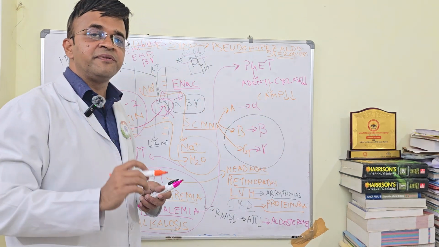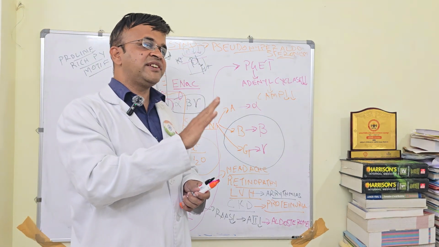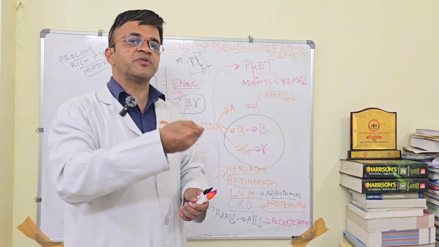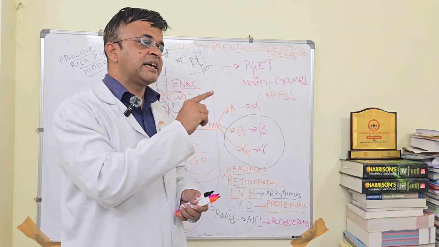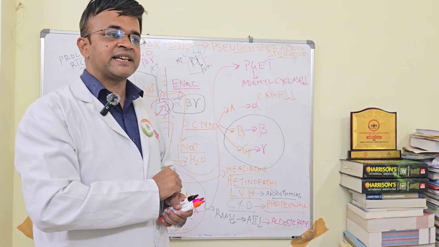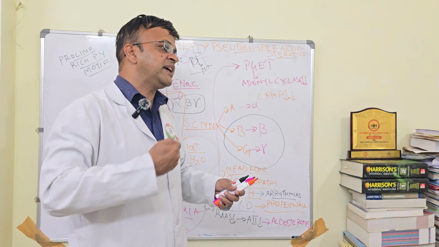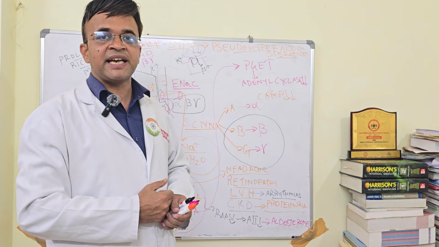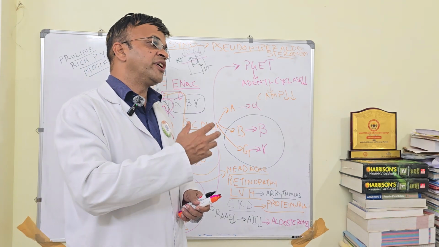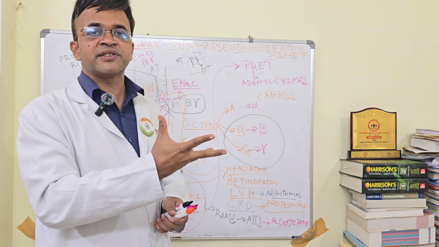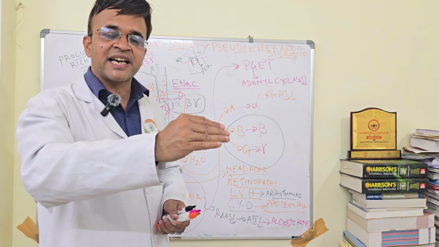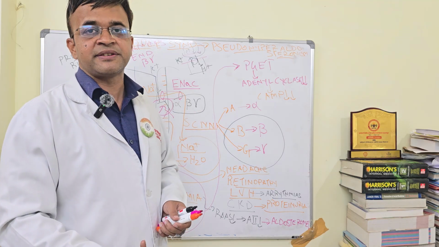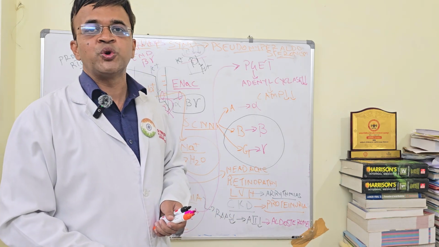If you recall our previous video on the mechanism of action of antidiuretic hormone: antidiuretic hormone acts on the B2 receptor, which stimulates adenyl cyclase. Adenyl cyclase converts ATP into cyclic AMP, which activates protein kinase A, causing the recruitment of aquaporin 2 channels. So increased adenyl cyclase, cyclic AMP, and protein kinase A are important for recruitment of aquaporin 2 channels.